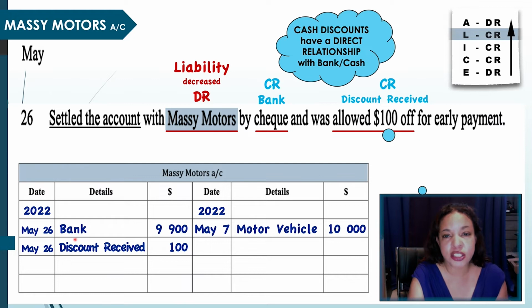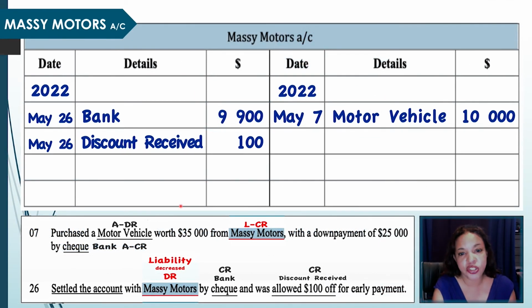So the last thing that you have to do after you have entered all the transactions is to balance it or close it off at the end of the period. Remember how you do that? Simply you go and you have your totals. Which side has a greater amount? Both sides are equal.